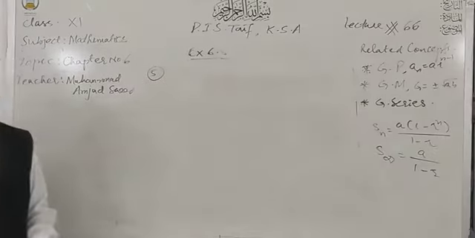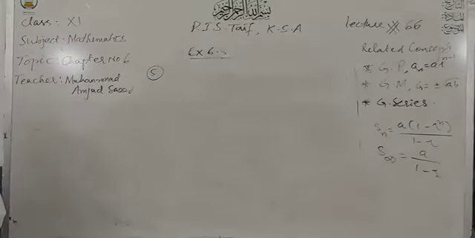So we can have question number 5, and there are two parts of question number 5, part number 3 and 4. Part number 3, I think it is simple. We can take part number 5.